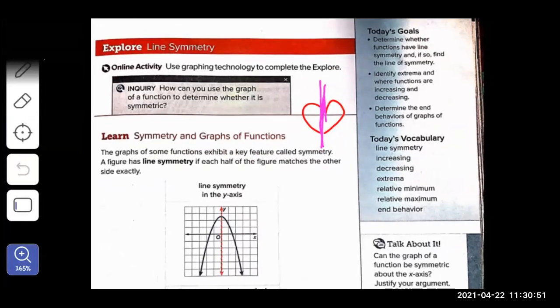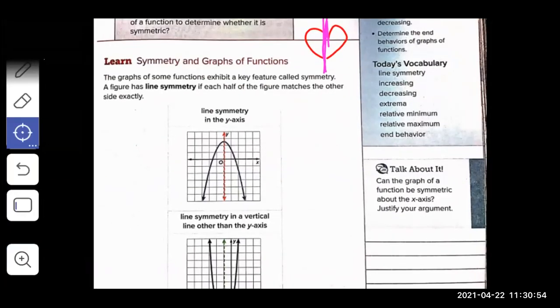Let's take a look at this function. Take a look, guys. This is a function. You got two intercepts, and in this, guys, take a look that if you fold this part and put it here, you're gonna get the same shape, right?